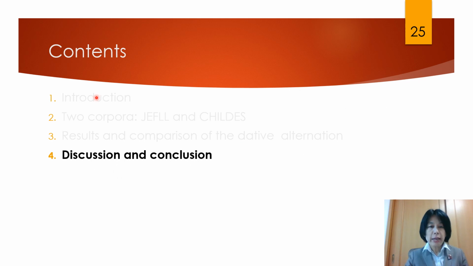The data obtained by the two corpora provide evidence that language development of the dative alternation is different between L1 English-speaking children and Japanese EFL learners.